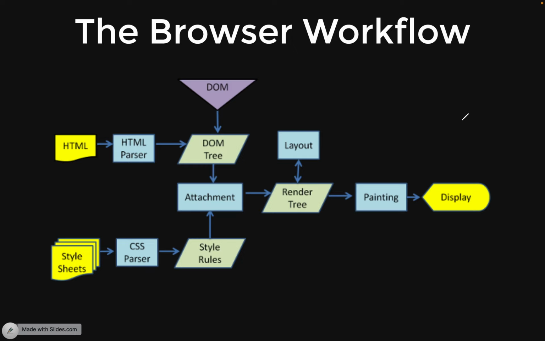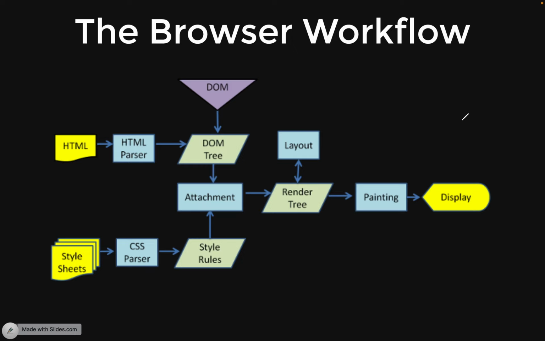Now comes the phase where the browser starts rendering the UI on the screen. The first thing that happens here is layouting. As the name implies, the browser creates a structure where it lays out the elements in boxes.